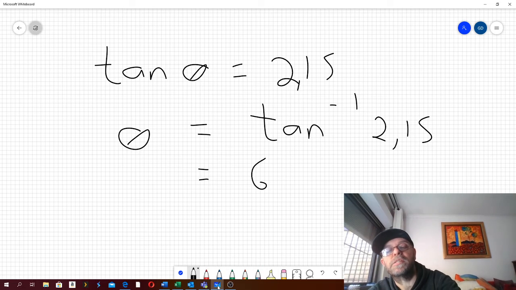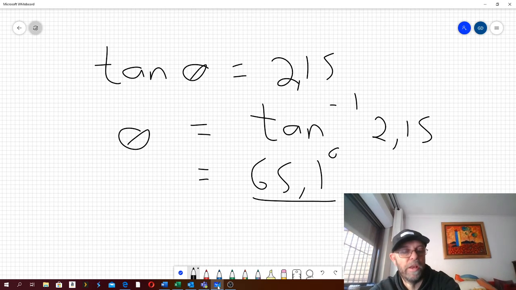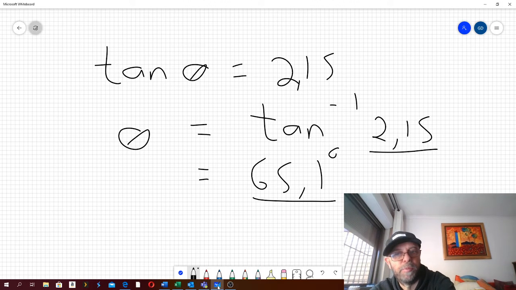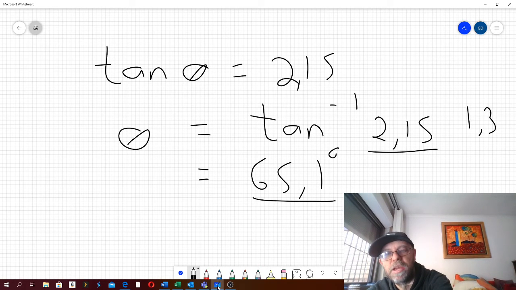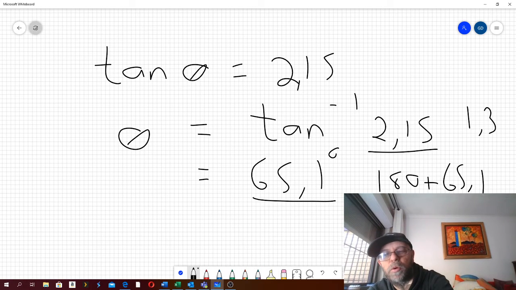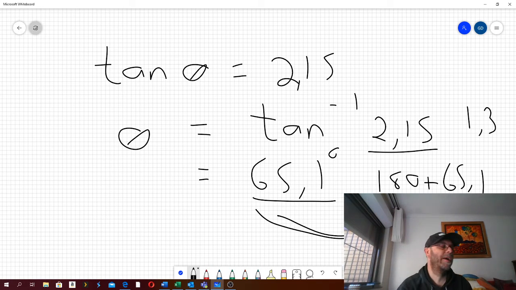Again it's the positive value, so we got our quadrant 1 answer, but we know that tan is positive in quadrants 1 and 3, and so therefore we also want a quadrant 3 answer, which is 180 plus 65.1, which happens to be 245.1 degrees. So there are my two answers for theta for 6C.